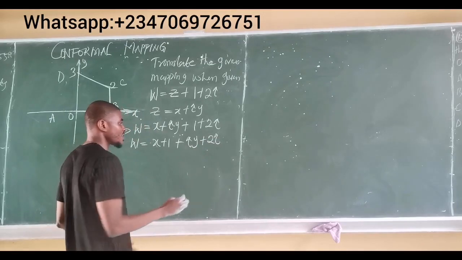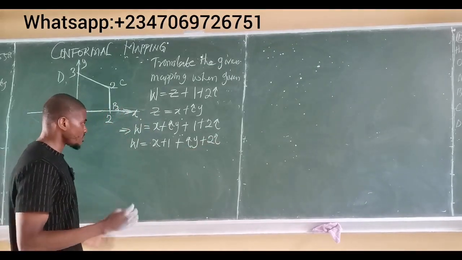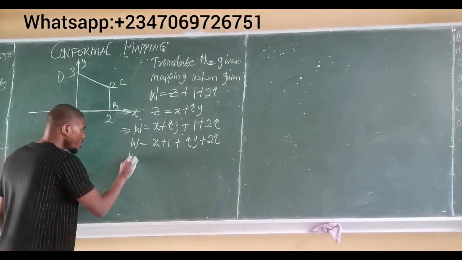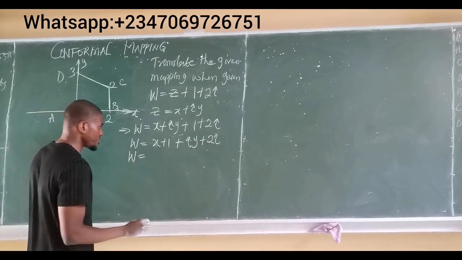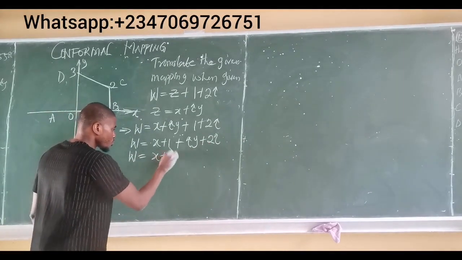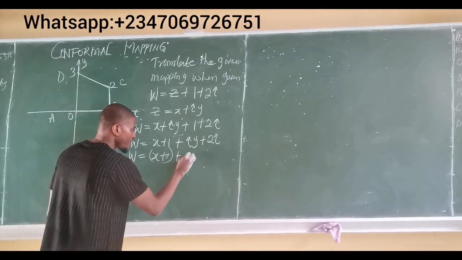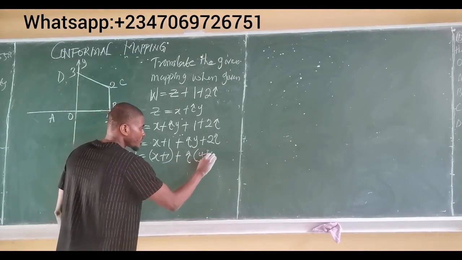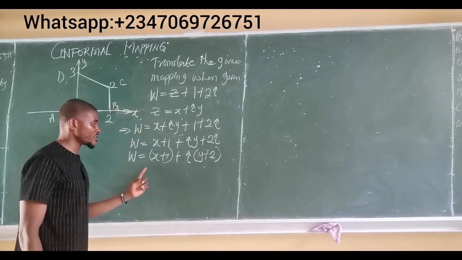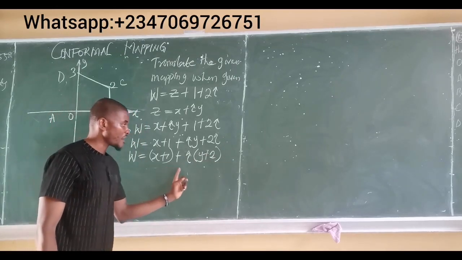These two are what? Complex numbers. So you bring them together. Just rearranging a bit, this becomes x plus 1, and let's factor i, which is common between these two. So we have i into y plus 2. This shows that this is the real part of this complex number and this is the imaginary part.